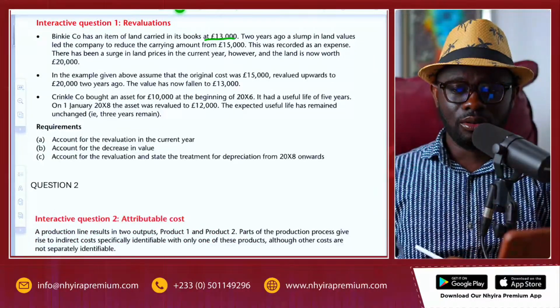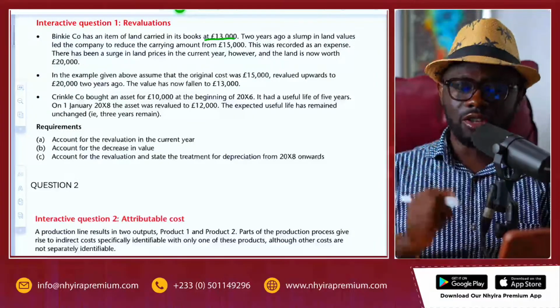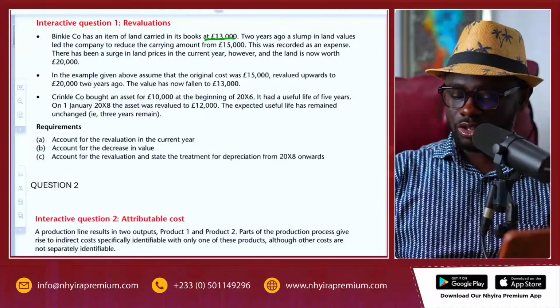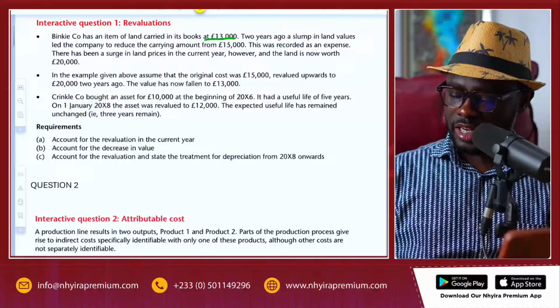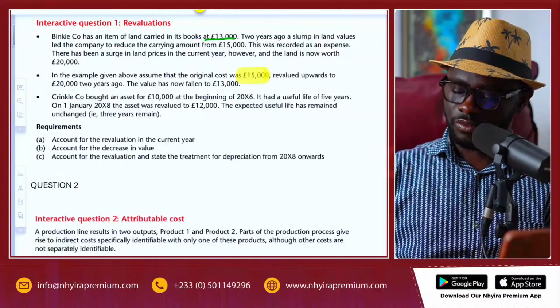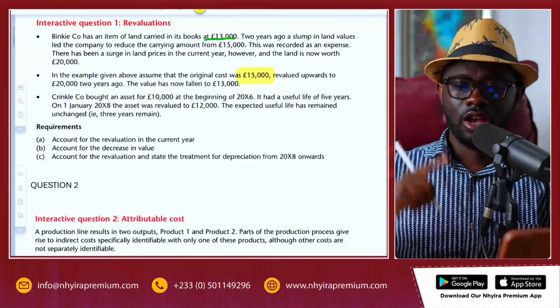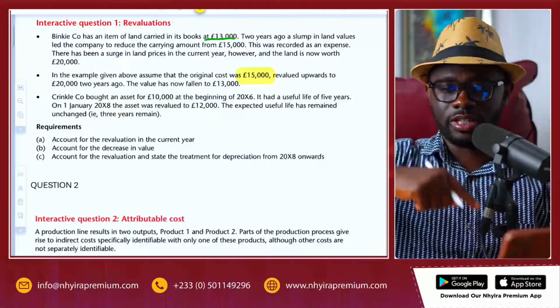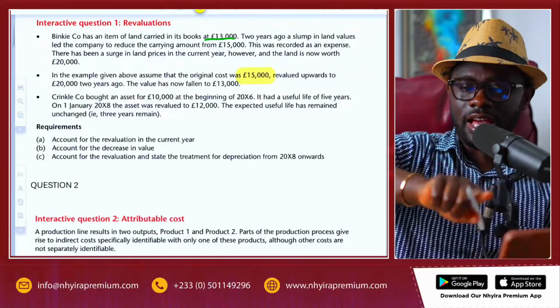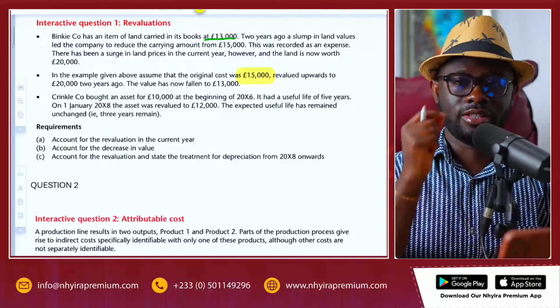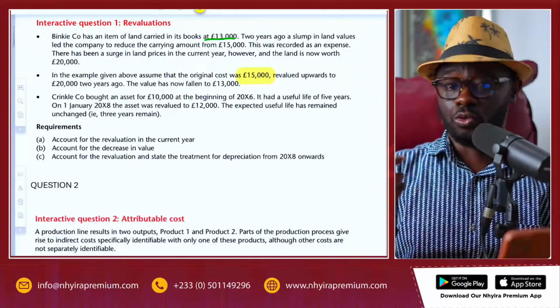In the example given above, assume that the original cost was £15,000, revalued upward to £20,000 2 years ago, and has now fallen to £13,000. So what do we do?